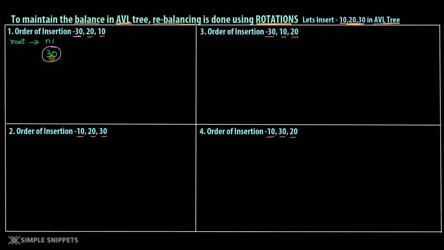Remember 20 is smaller than 30, so in that case 20 will be the left child of N1, correct? So this is how it would go to the left. Let's create a node over here. So this is 20, the left child. Let's name it N2. Similarly, when we insert 10, that would again go to the left. Let's write 10 and name it N3.